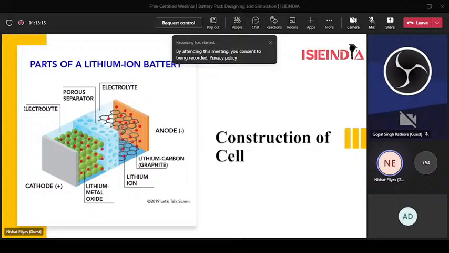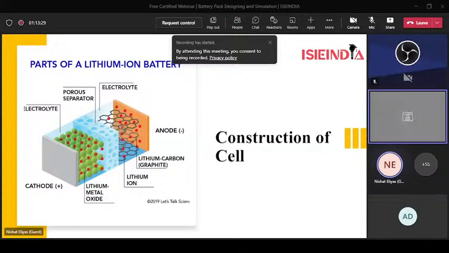As I have told, the cell is the basic or primary constituent of the battery pack. So we will look into how a cell actually works, what the different parts of the cell are, and the mechanism inside the cell.